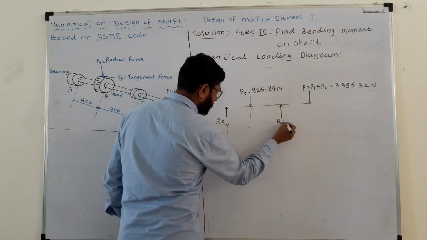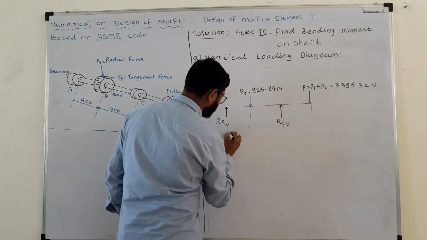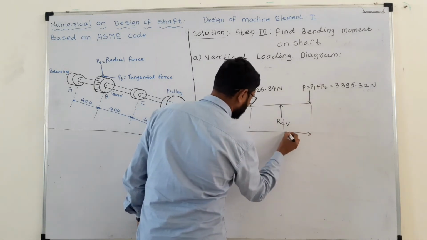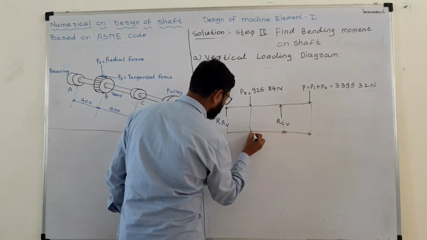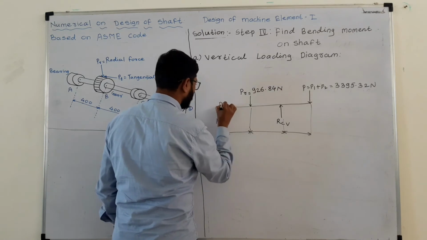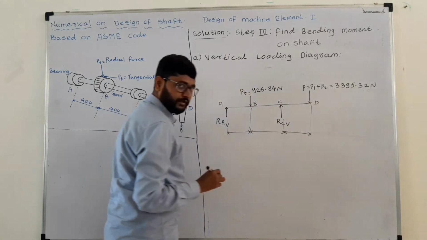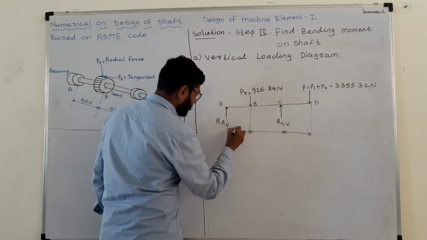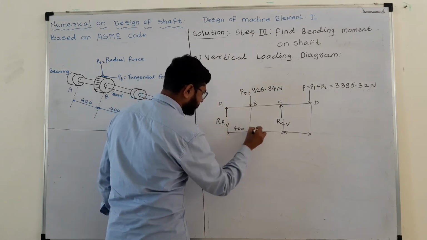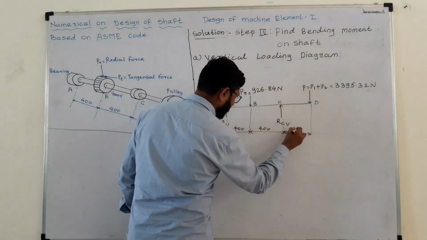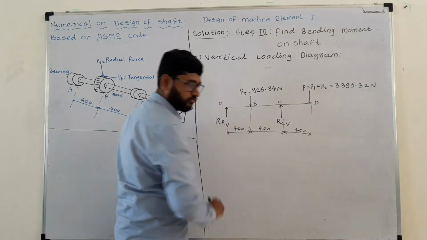Here also the distance between points A, B, C, D: the distance between point A and B is given as 400, and again 400, and again 400.